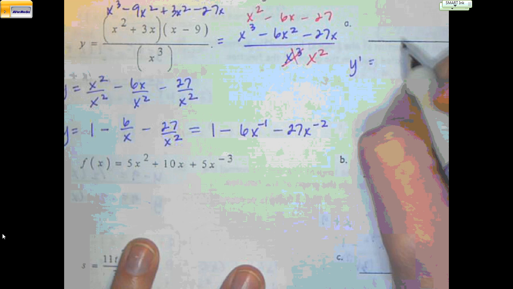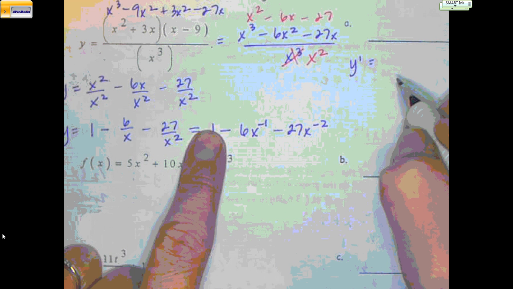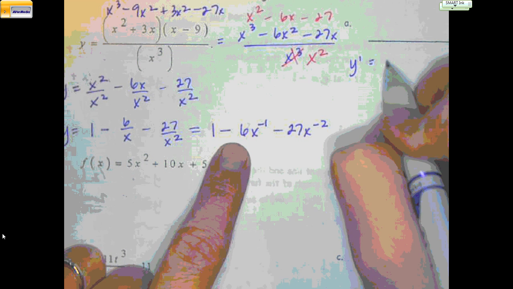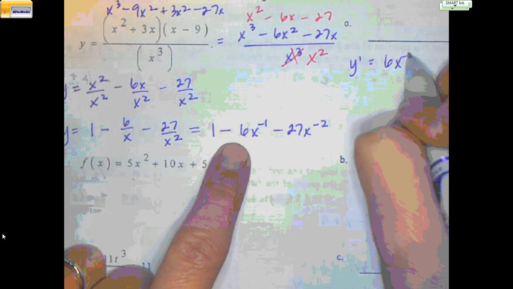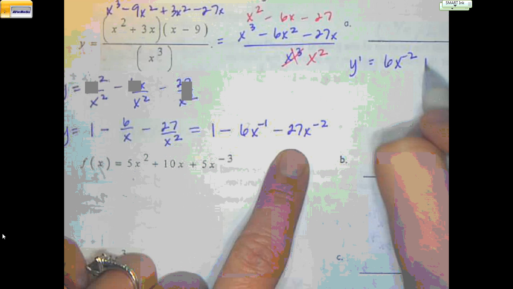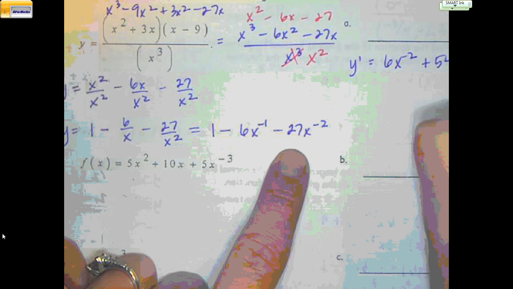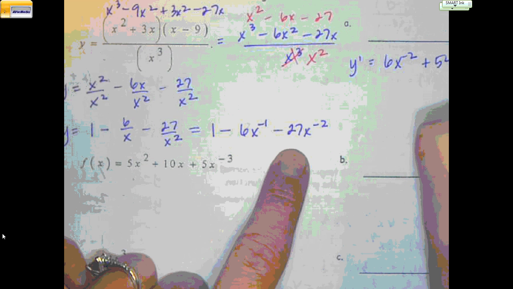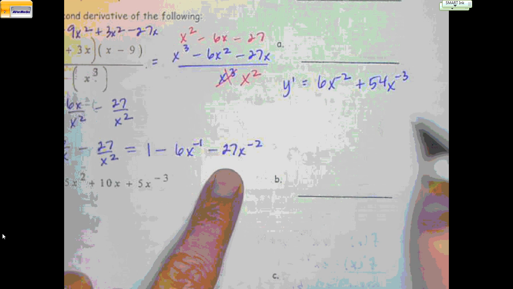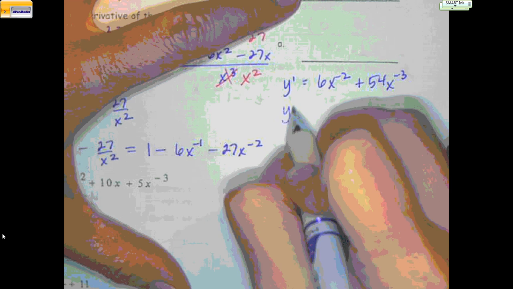So the first derivative is going to be 0 plus 6 x to the negative 2 plus 54 times x to the negative third, right? Second derivative, negative 2 times 6 is negative 12 times x to the negative 3.